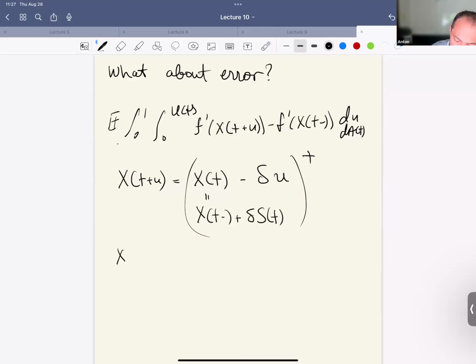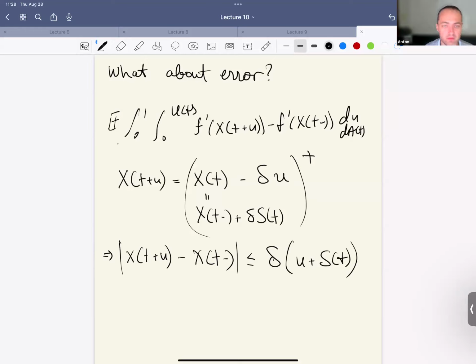And x of t minus is what it is. Therefore, x of t plus u minus x of t minus in absolute value is less than or equal to delta u plus s of t. This is a worst case bound.